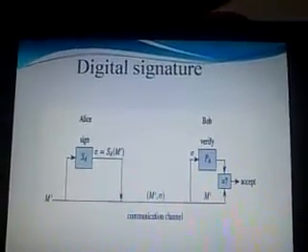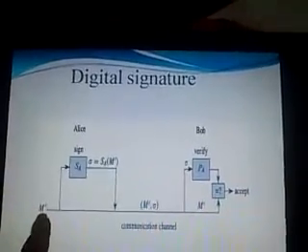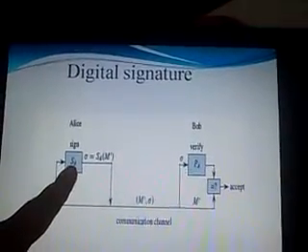Let's see how it works. Over the communication channel, first a message is sent using a secret key.